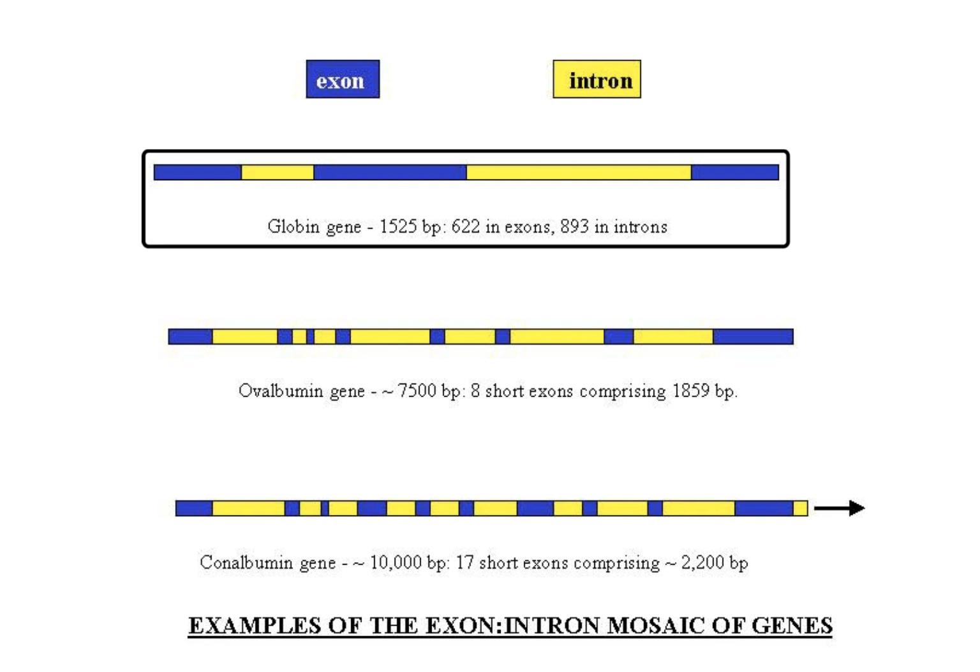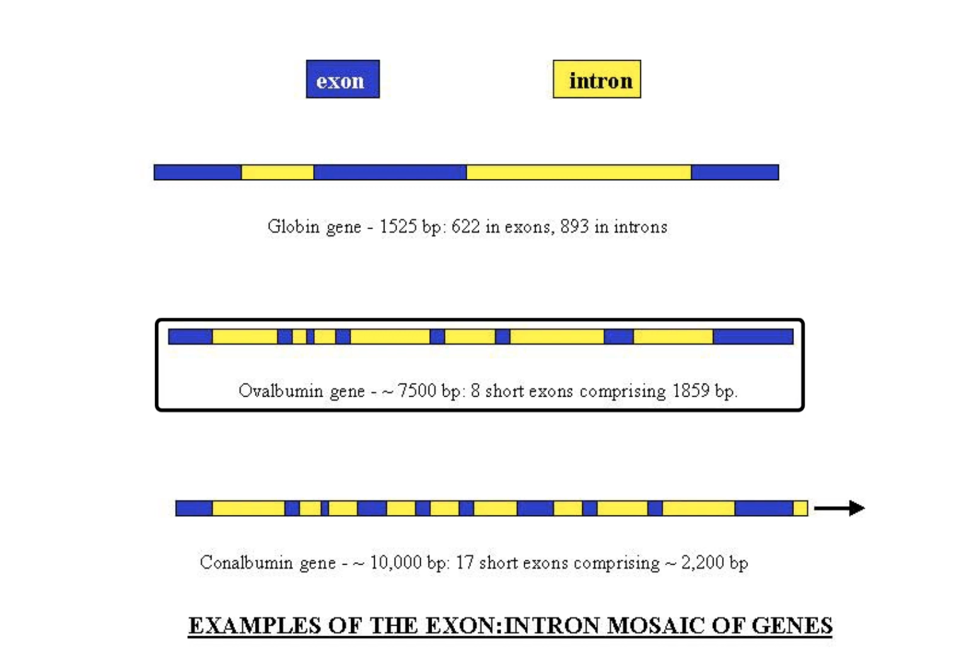So here's the globin gene, which contains 3 exons and 2 introns. The total length of the gene is 1,525 base pairs, but only 622 nucleotides or base pairs are within the exons, and the other 893 are within introns.